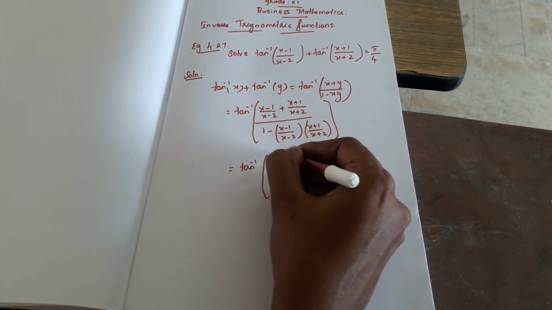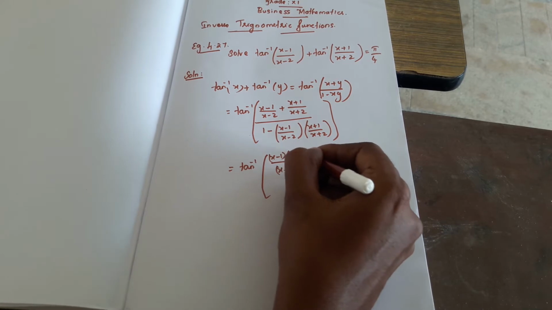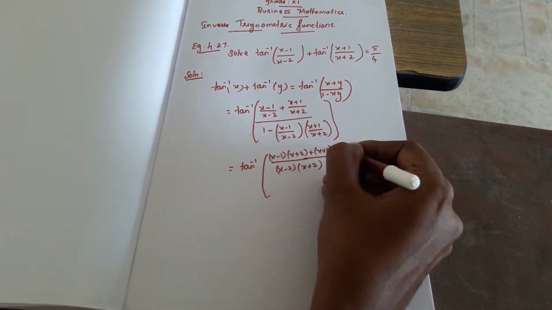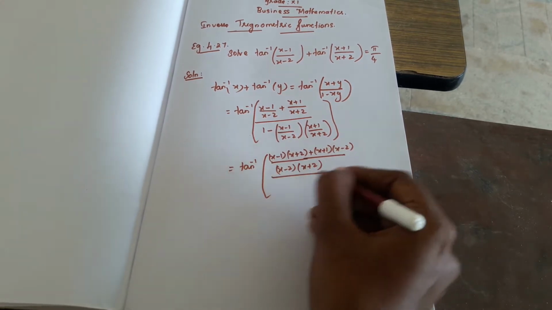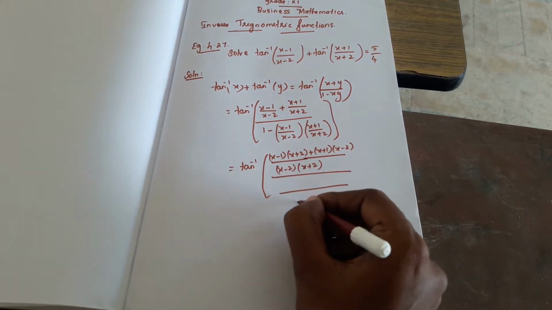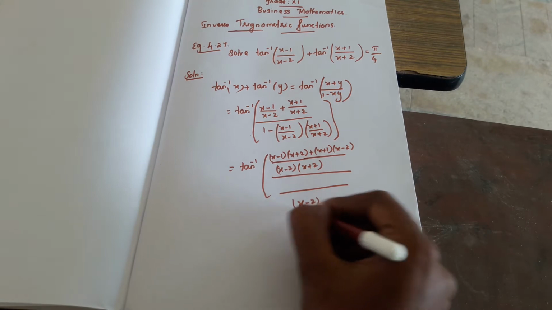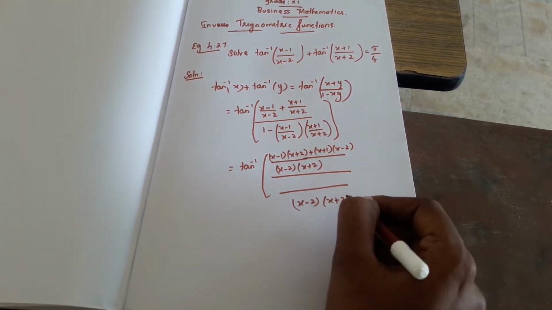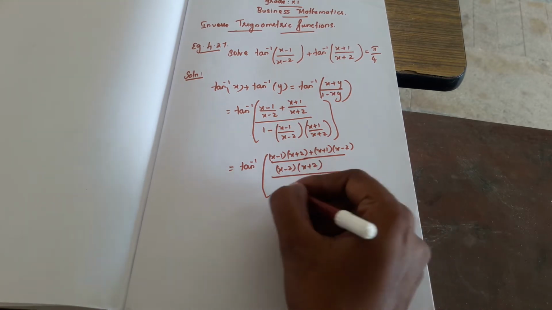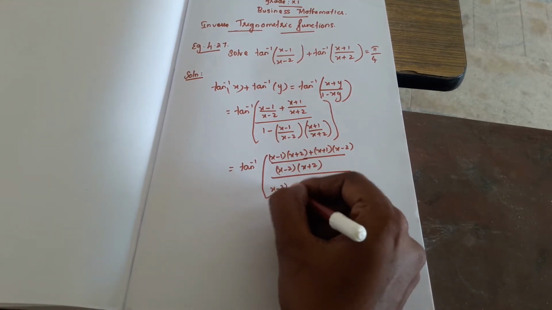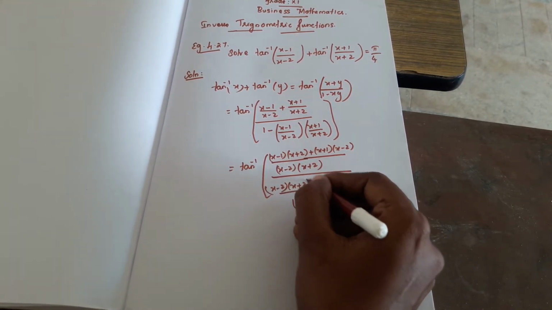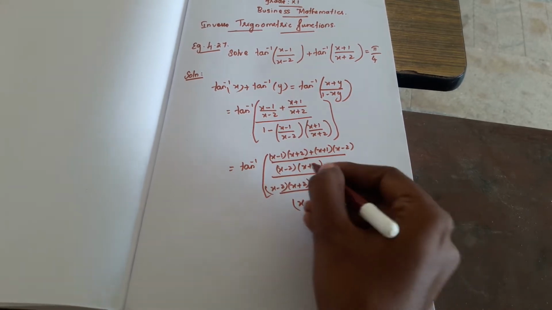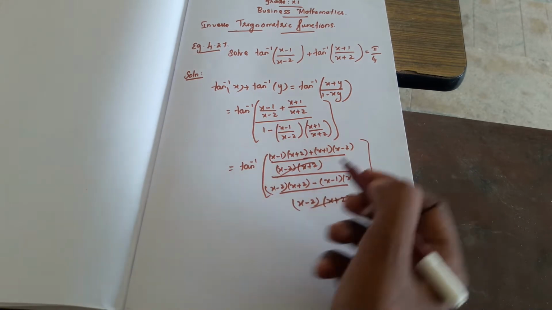So it will be (x minus 1) into (x plus 2) plus (x plus 1) into (x minus 2), divided by the denominator also, multiplying (x minus 2) into (x plus 2), so it's an LCM. So we will get (x minus 2) into (x plus 2) minus (x minus 1) into (x plus 1). So this denominator and this one will get cancelled.